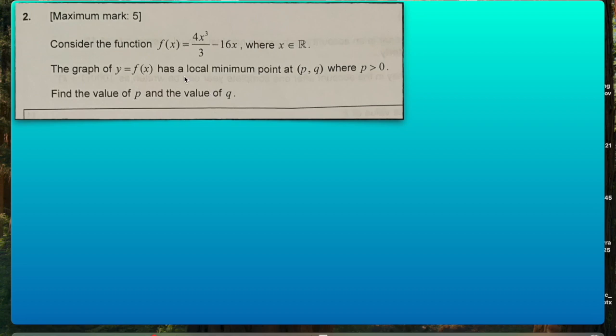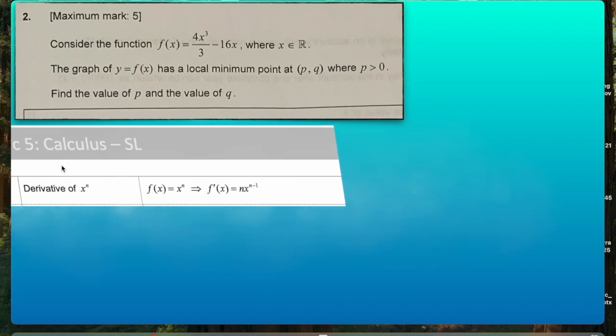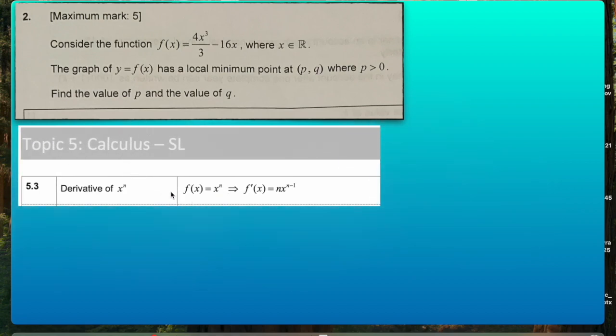Well, I hope you know by now that to find a local minimum point, what you do is differentiate the given function and equate to 0. Let's check the formula booklet. Here we go. So we can use this derivative formula, the power rule, to differentiate the given function.